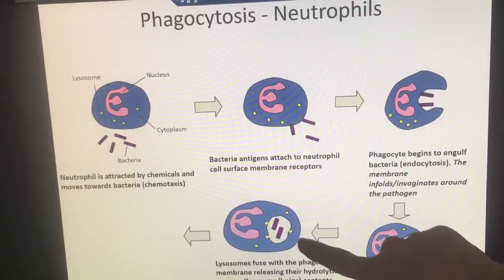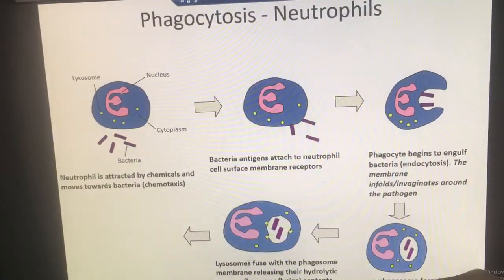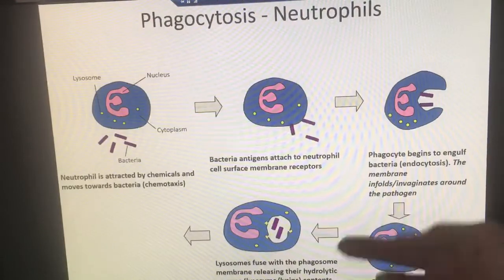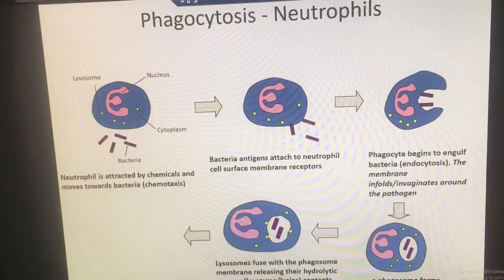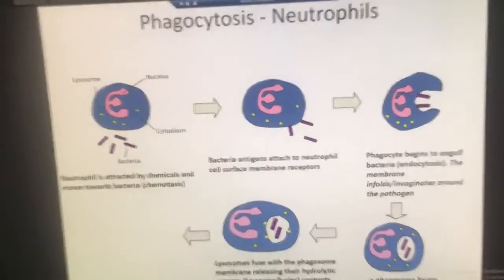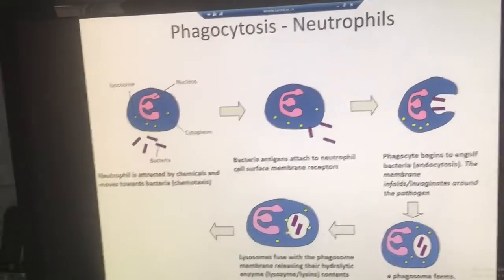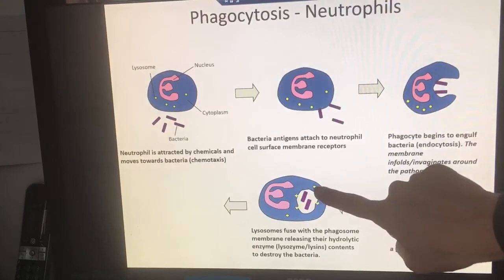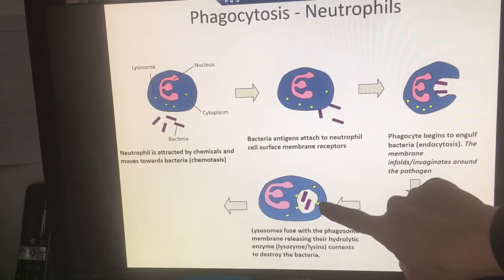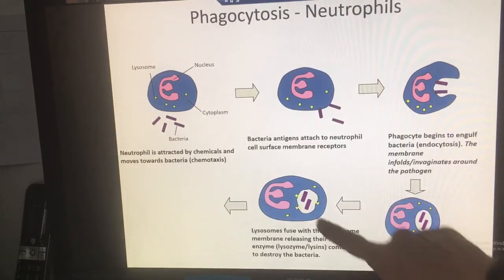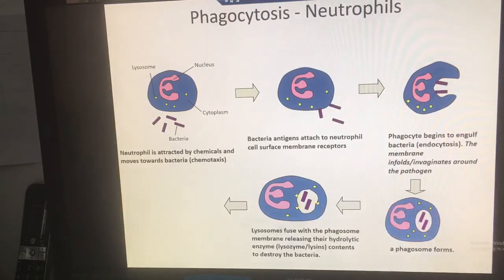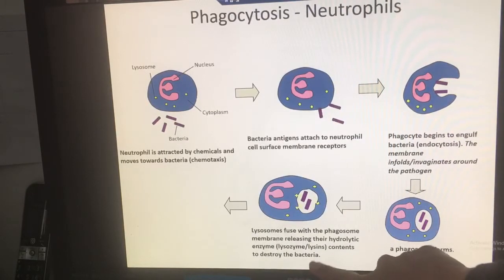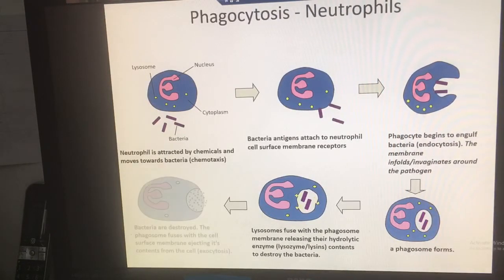What will then happen is the lysosomes that contain lots of hydrolytic enzymes, or you might see the hydrolytic enzymes described as lysins, will move and fuse with the phagosome, and they will release their hydrolytic enzymes into the phagosome, and those hydrolytic enzymes will destroy the bacteria. They will fully digest it.